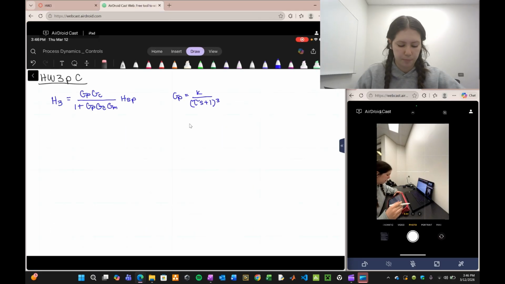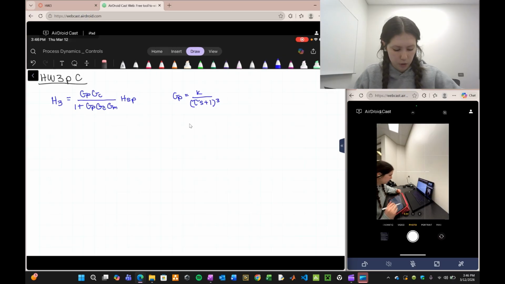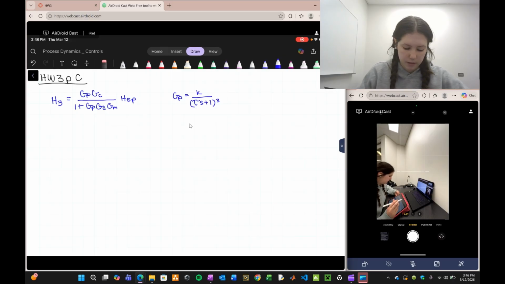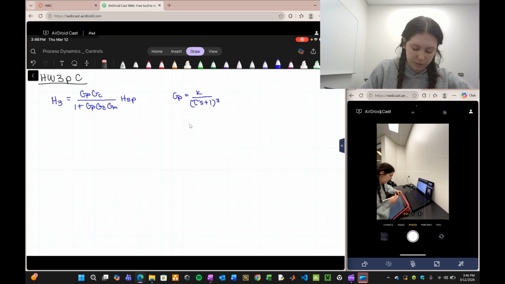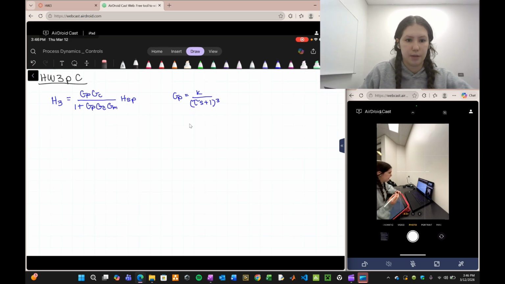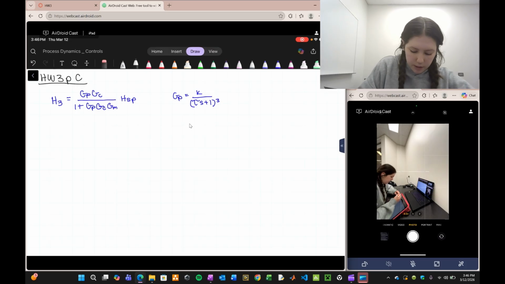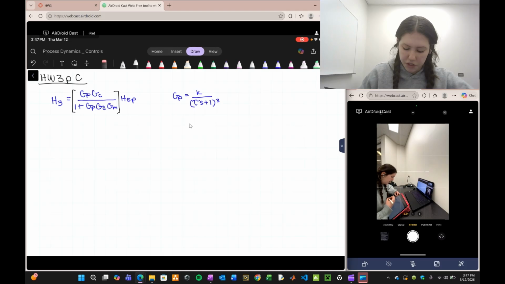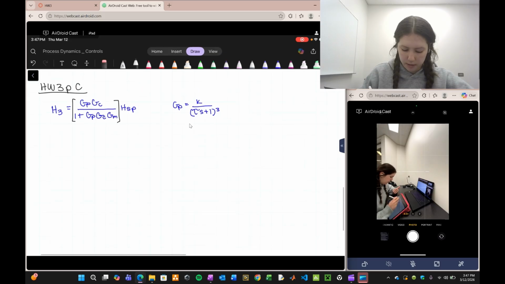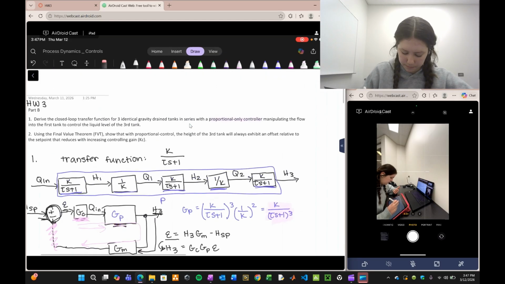So to start out, from the last part of this homework, we derived this equation to relate the liquid level in the third tank to our set point using this transfer function right here, where GP is the transfer function of our entire process up here.